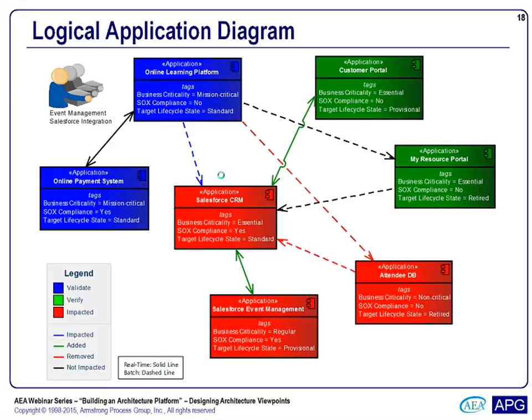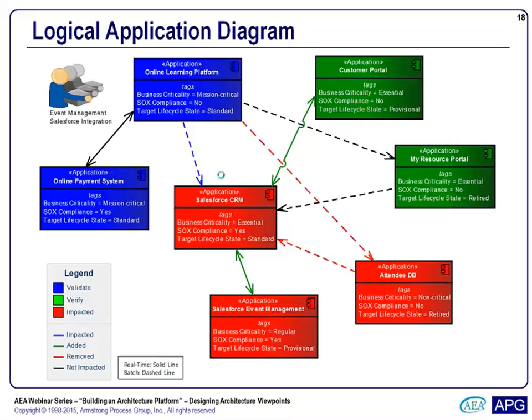The relationships to other things that are going to be changed are the relationship between the online learning platform and Salesforce. We're going to be adding some new relationships to the customer portal and between the CRM and event management Salesforce apps. And we're going to be removing the relationship to the attendee database from all other applications, which, as you can see from the tagged value in the attendee database, is that we are going to be retiring that app.